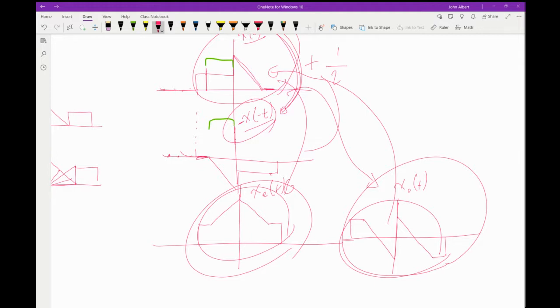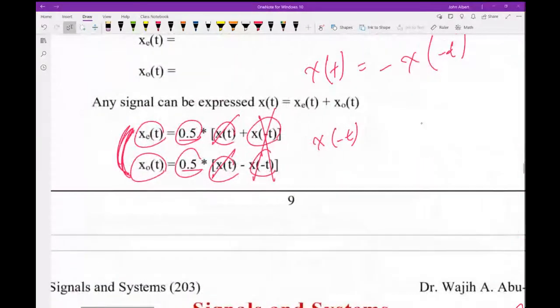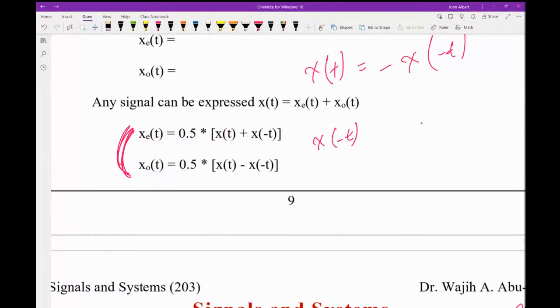Okay? By the way, if you apply this process in here, if you try to get the even component of an even function and the odd component of an even function, let's say that we have x even, and we applied both of those. What do you expect you'll get for x even?